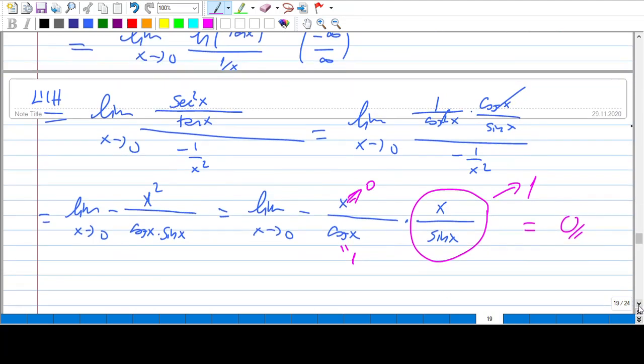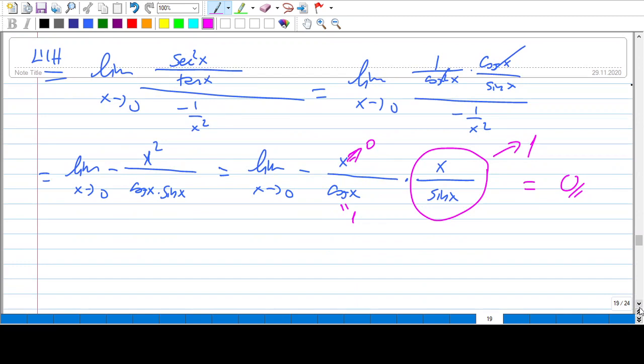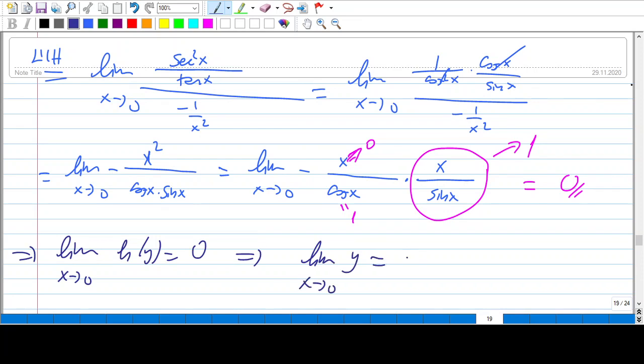But this is not the final result, in fact, this is the limit of ln of the function. Limit of x to 0 of ln y equal to 0 implies that the limit of x to 0 of y, our original function, is e power 0, which is 1. The result is 1 indeed.